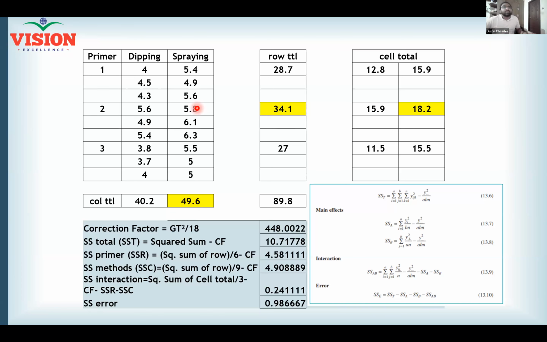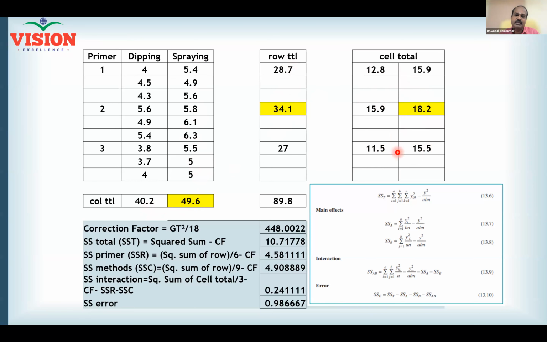Spraying is good. And look at the difference. Can you see a difference of 9.4 here? Can you see a difference of close to 6 here? And here also there is a difference.